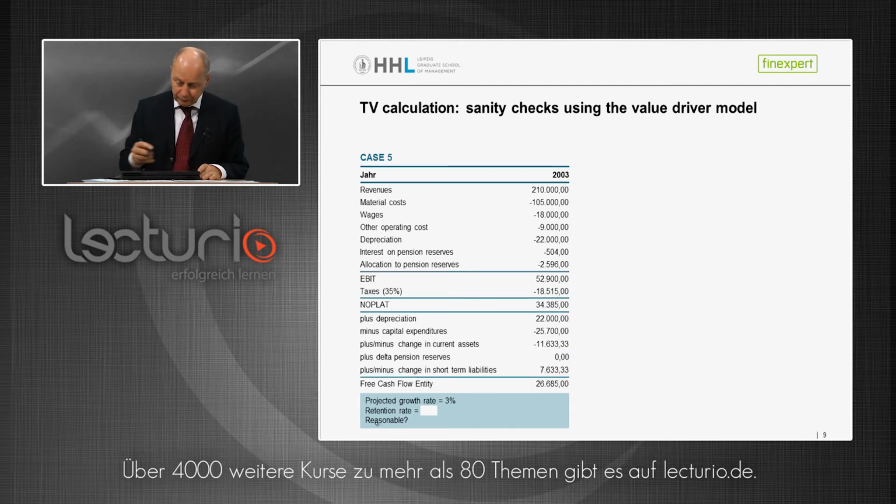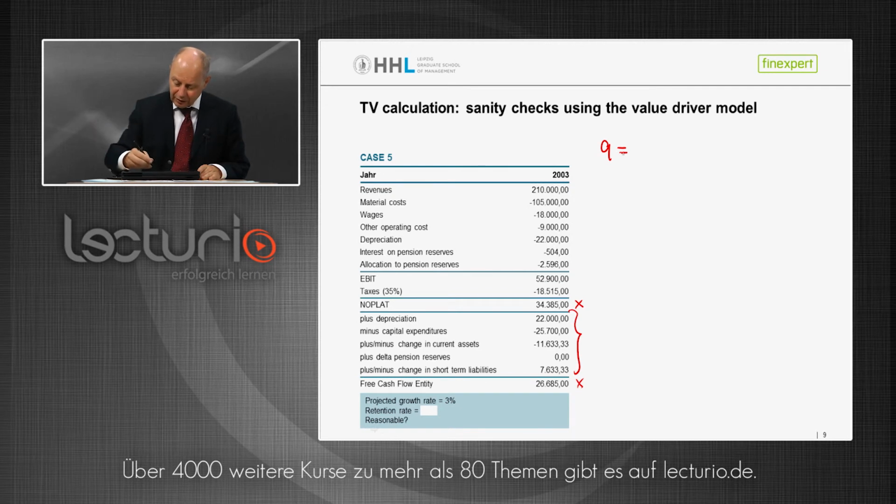Then finally, the last example here is, again, 34.385, our NOPLAT. Free cash flow is now significantly lower. You see that our amount of retention is going to increase, and so does our retention rate.